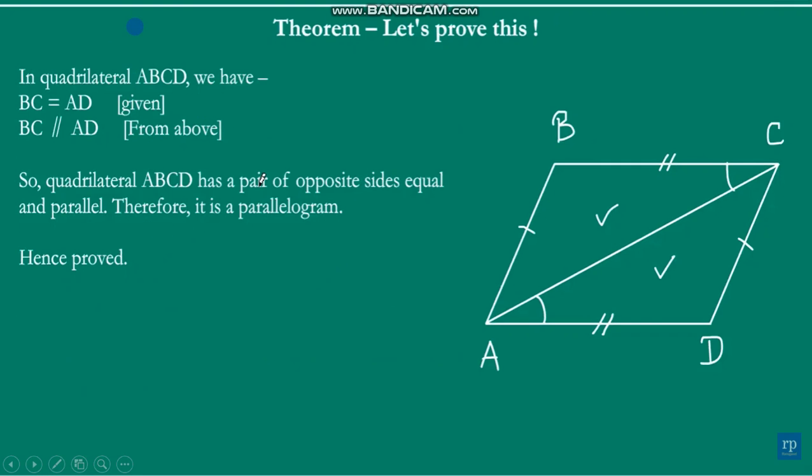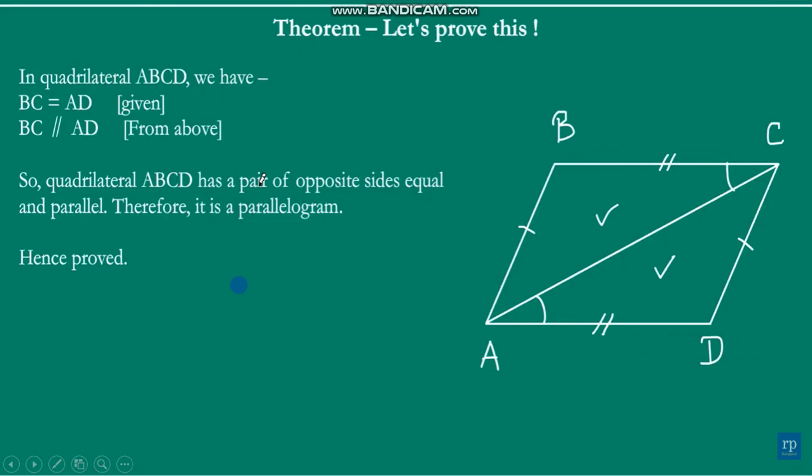Next we move on. In quadrilateral ABCD, BC is equal to AD, and BC is parallel to AD because the alternate interior angles are the same.